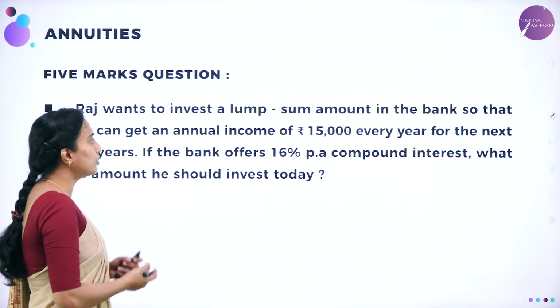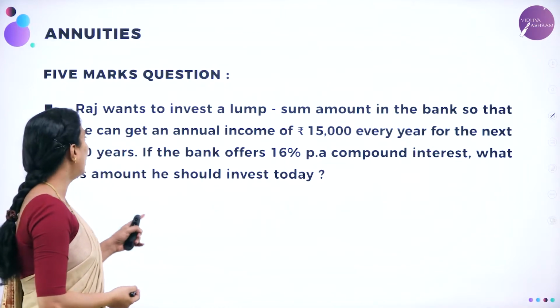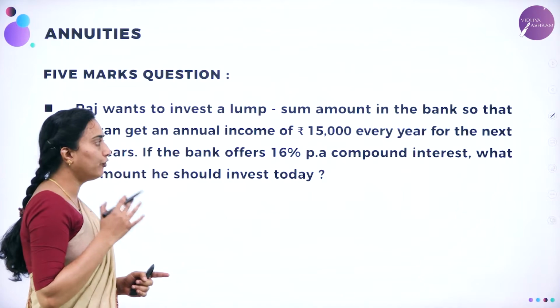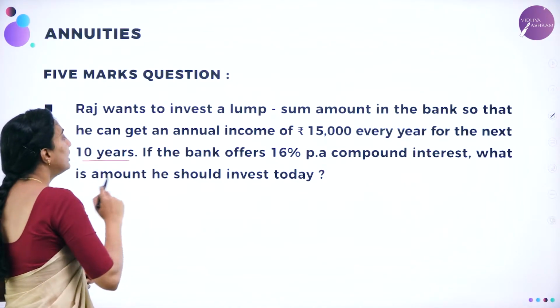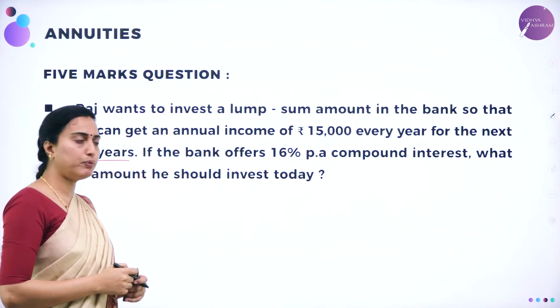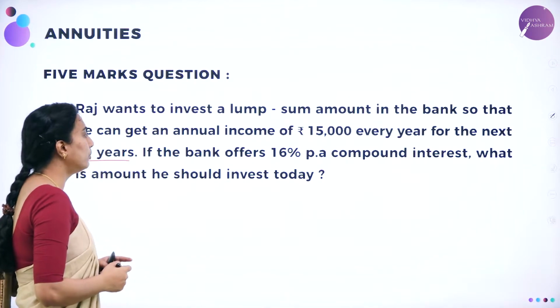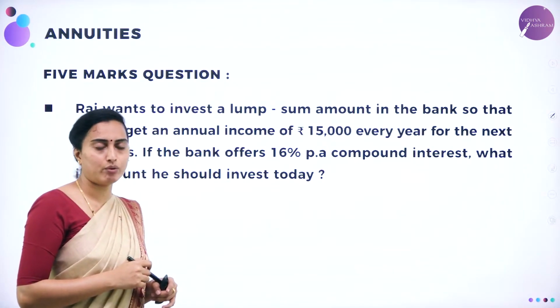Raj wants to invest a lump sum amount in the bank so that he can get an annual income of rupees 15,000 every year for the next 10 years. If the bank offers 16% per annum compound interest, what is the amount he should invest today? That means you need to find out P, right?